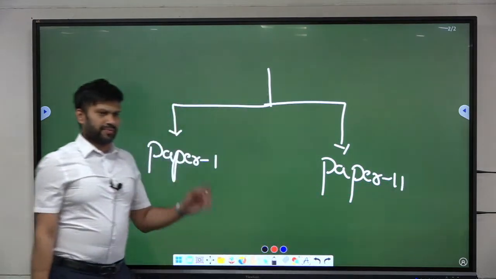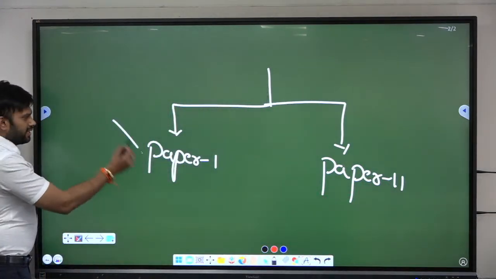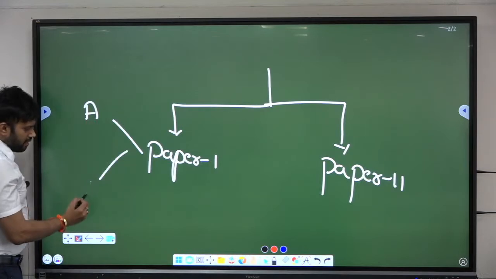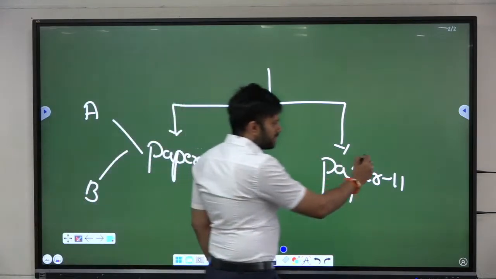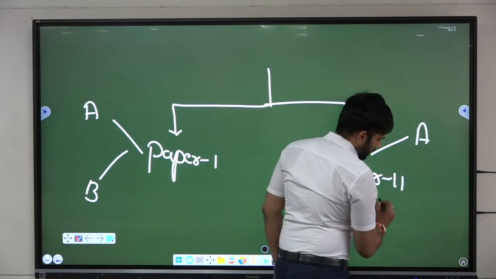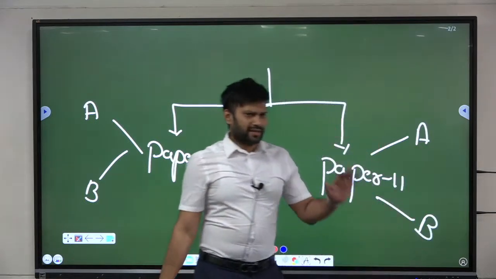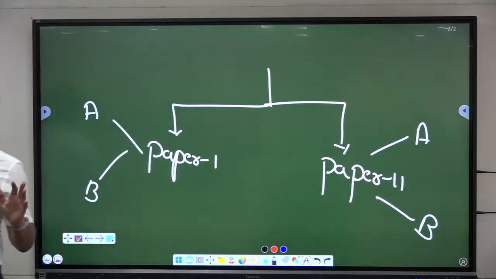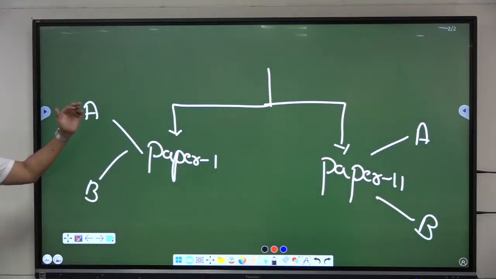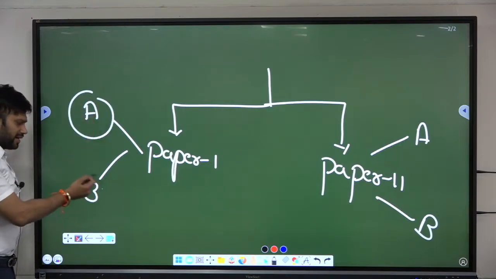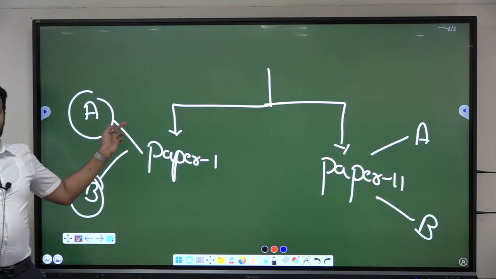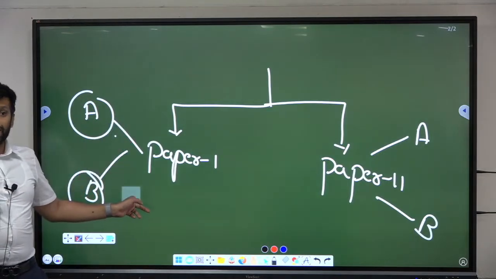And in both the papers there are two parts, part A and part B. So in general, not only with respect to political science, if you take any optional subject, what is the main difference you observe in part A and part B? Especially in social science subjects, political science, public administration, sociology, what is one thing you will observe? Part A will usually be theoretical, part B will usually be the applied part of it.